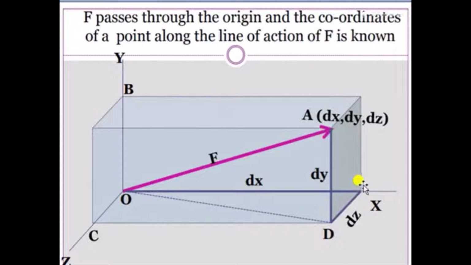It lies at a distance dz, so this dz component lies here. It lies at a distance dx from the origin and hence dx is considered. It is at a height of dy, so hence we have considered the component dy. So this is how we mark the coordinates of any point in a force system.